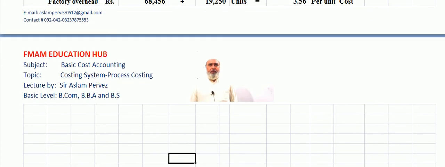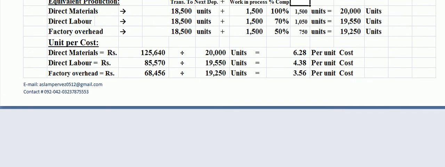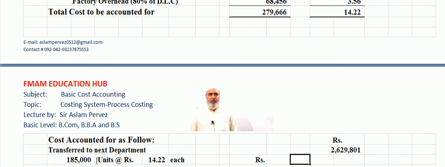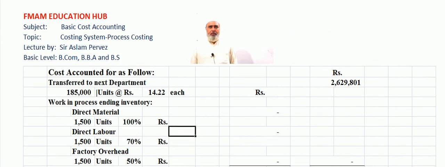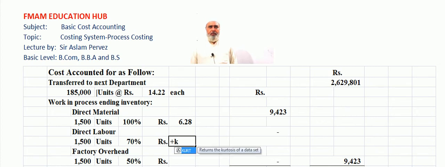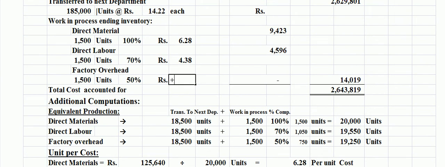Now we will take per unit cost here, K38 here, plus K38, same as K39, same as K40.